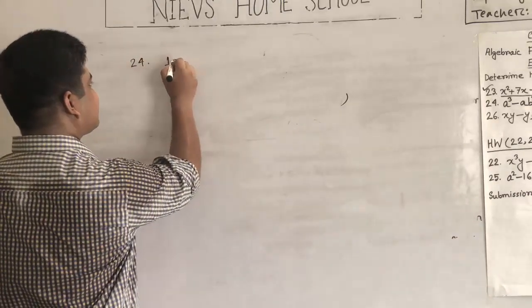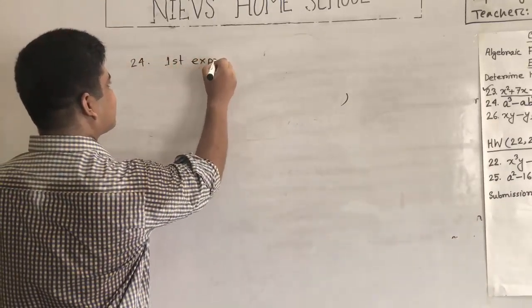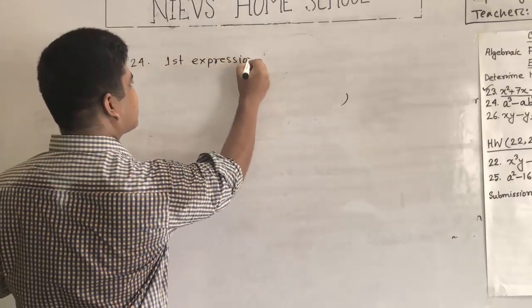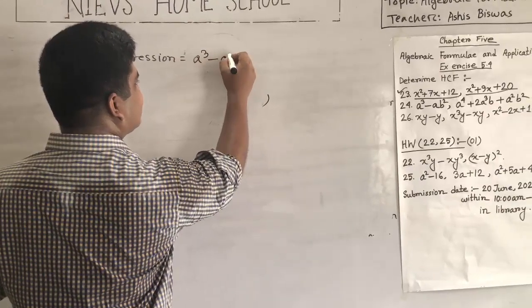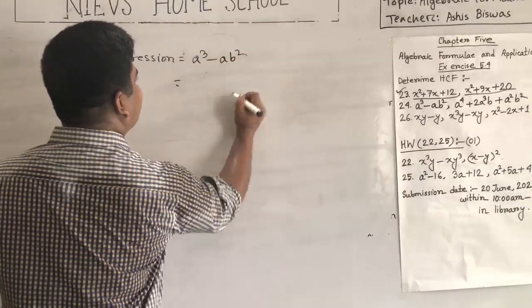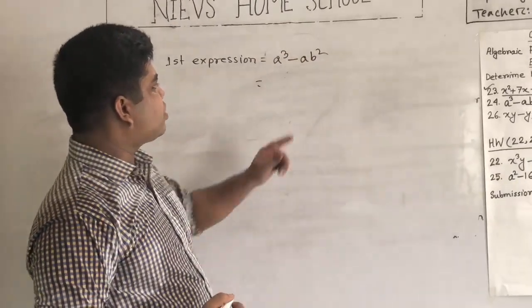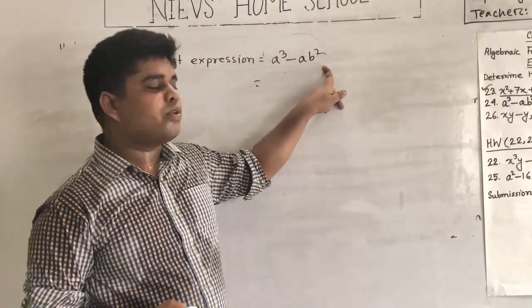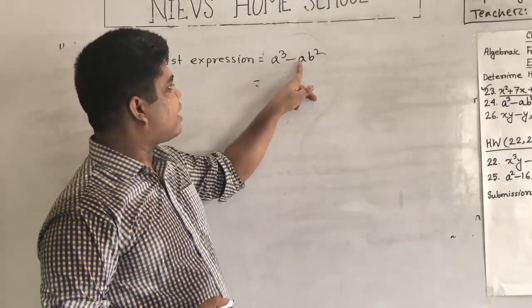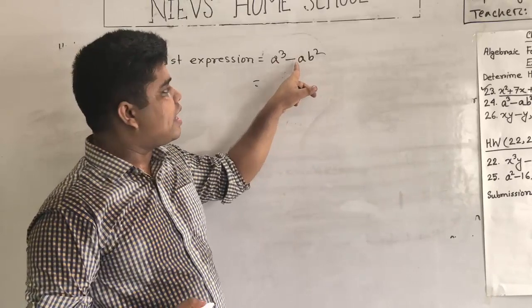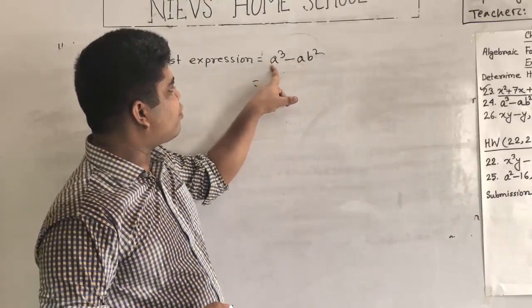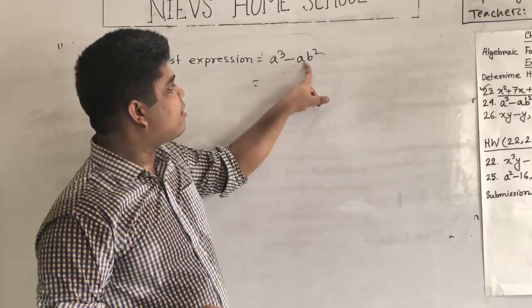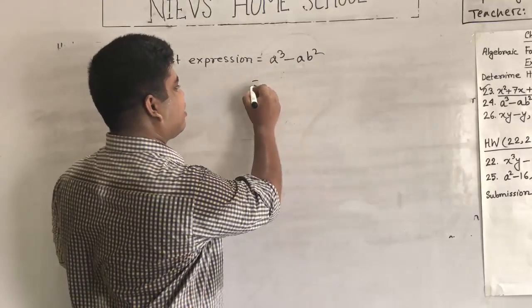The first expression is a cube minus ab square. Student, notice at first we want to check if any factor is common or not. A cube minus ab square. Student, notice a is the common factor of both a cube and ab square. So we take a as common.